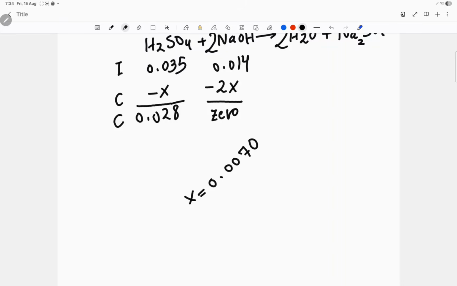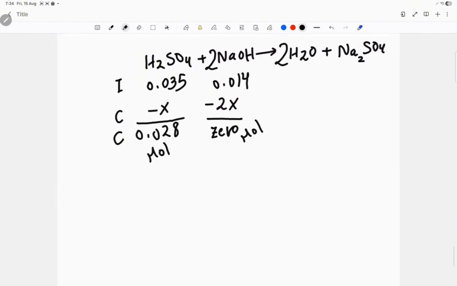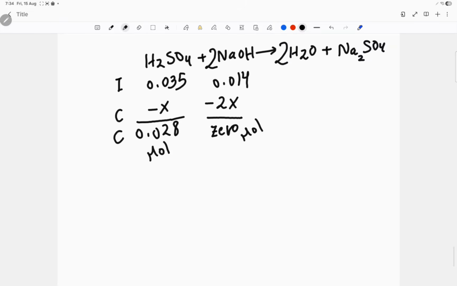Okay, so now we know the mole here, and we are going to have 0 mole in here. So now, whatever survived, the pH is going to belong to it. Meaning, because the H2SO4 is the one that survived, the pH has to be less than 7. Why? Because H2SO4 is an acid.